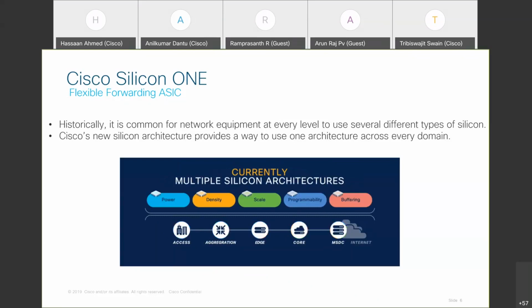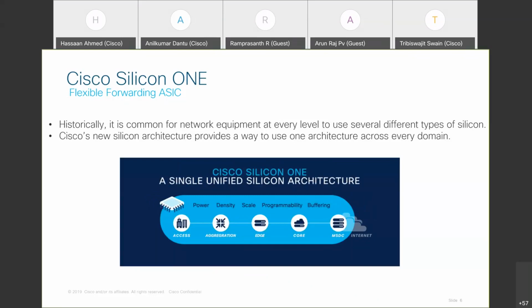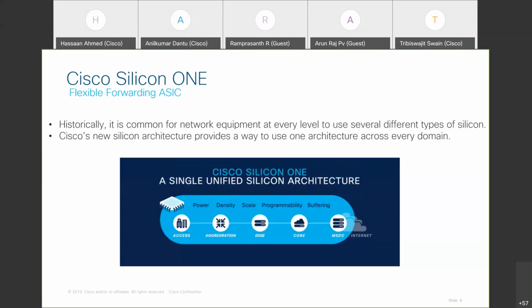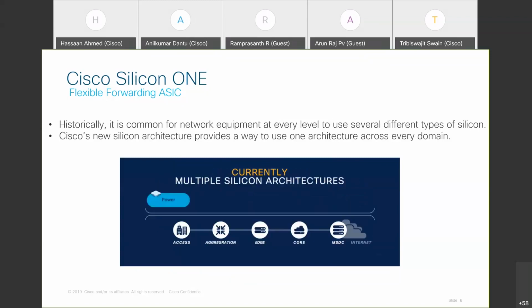This chip is flexible enough that it can be programmed to act as an access device chip. It can be programmed to act as a core device chip. It can be programmed to act as an internet peering chip. In future, we can also program it for edge device applications. As of now, that support is not there, but in future it can be done.